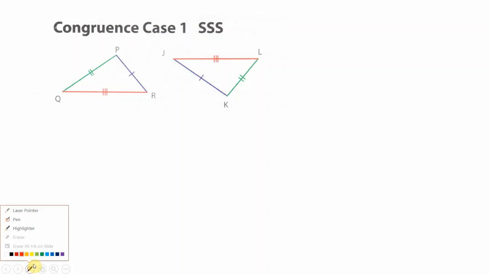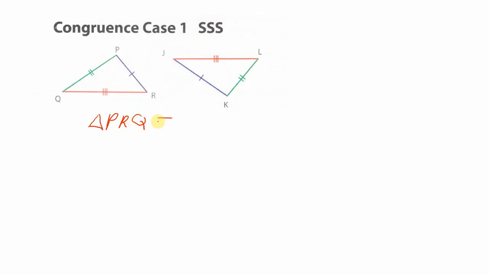Now, the order is very much important. So we can say triangle PRQ is congruent. Congruent is like an equal sign plus one more horizontal line. And now order is important.